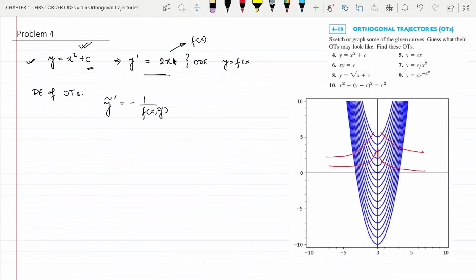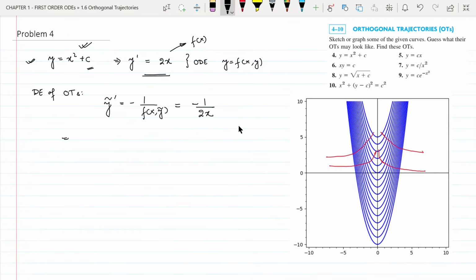So this is actually f of x comma y. So we will write minus 1 by 2x. Just remember, whatever f of x or f of x, y you get here, just put a negative sign and take the inverse of it. So minus 1 by 2x. This is the differential equation of the orthogonal trajectories.